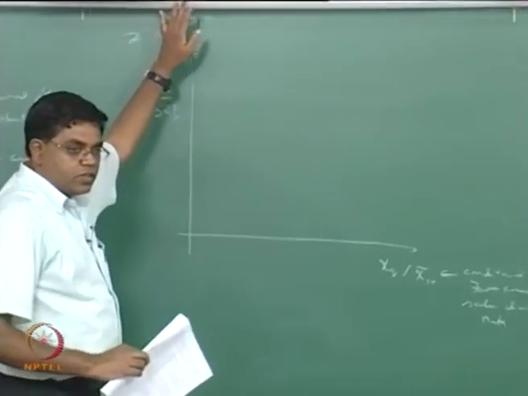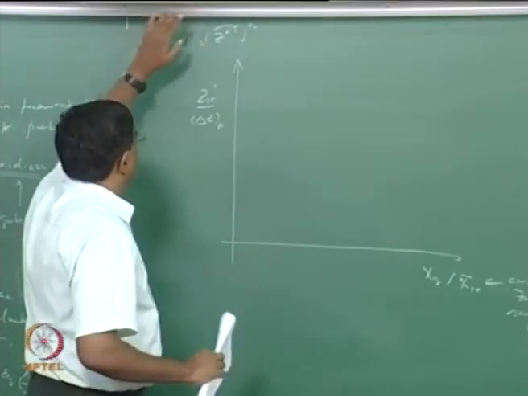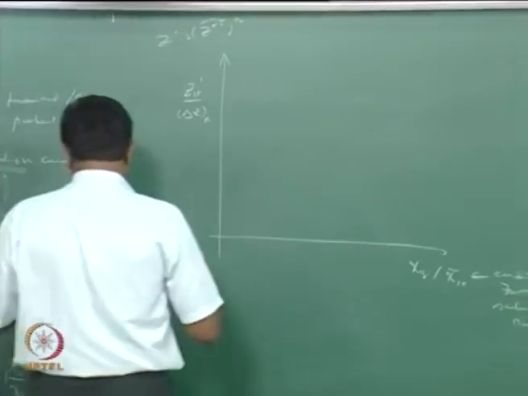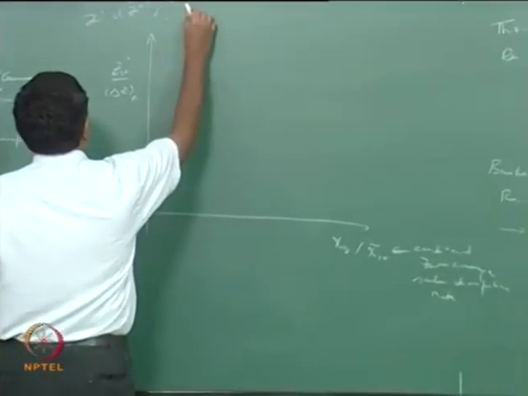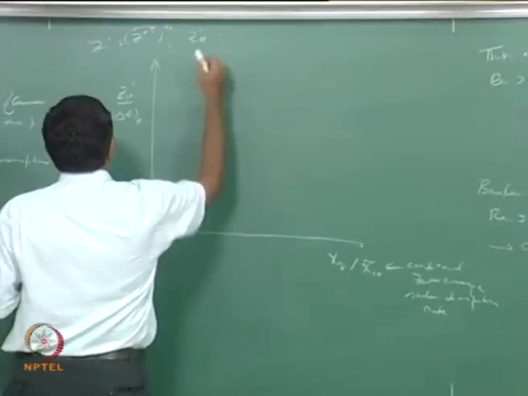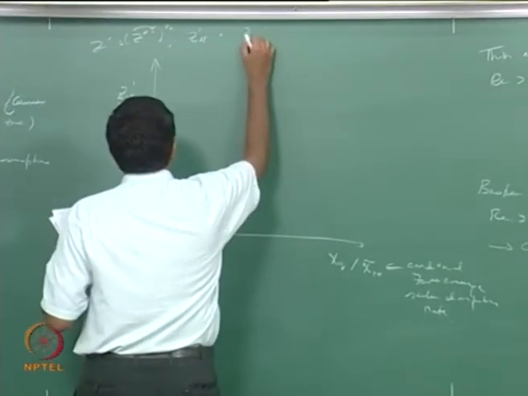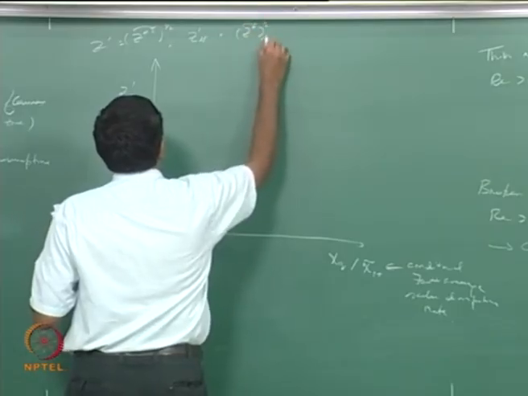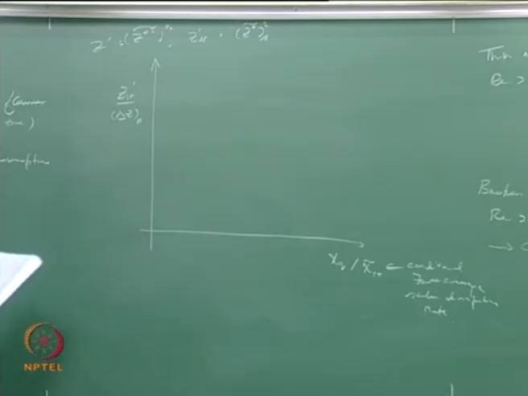Okay, so it's a root mean square of the forward averaged fluctuation. And similarly, when you now say z prime st, what we really mean is the root mean square forward averaged fluctuations obtained at the stoichiometric condition.